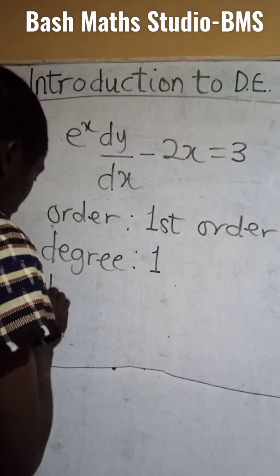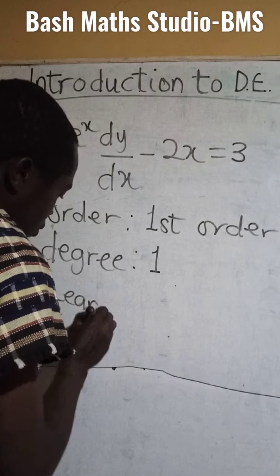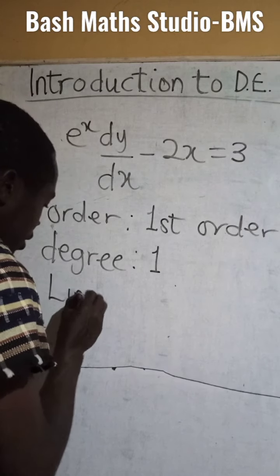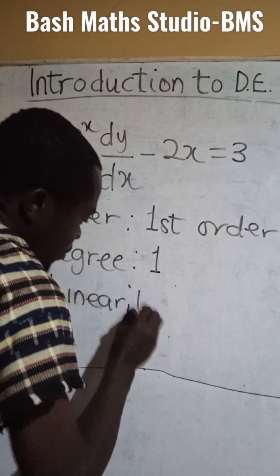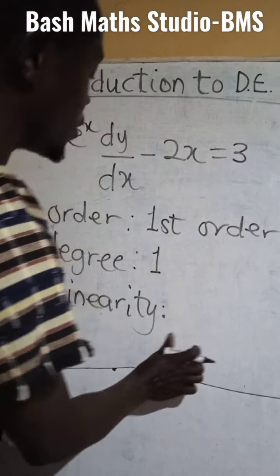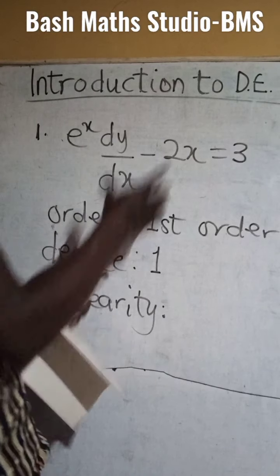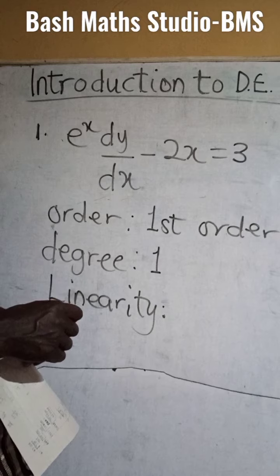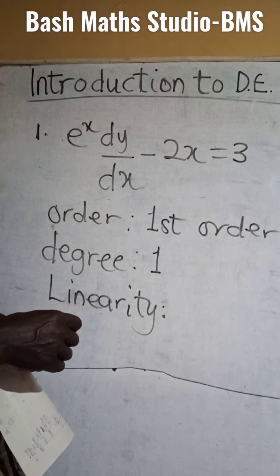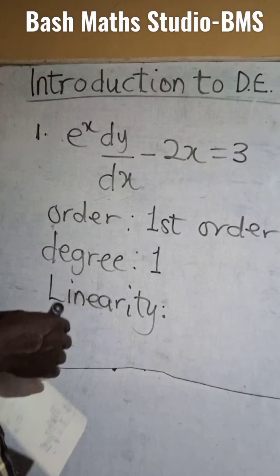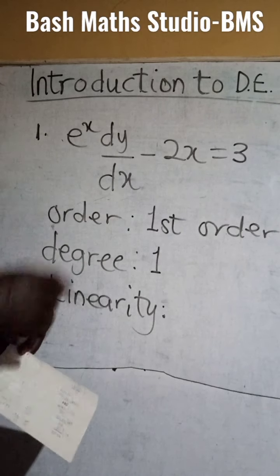Then we talk about the linearity. So what is the linearity of this equation? It's a linear first order.